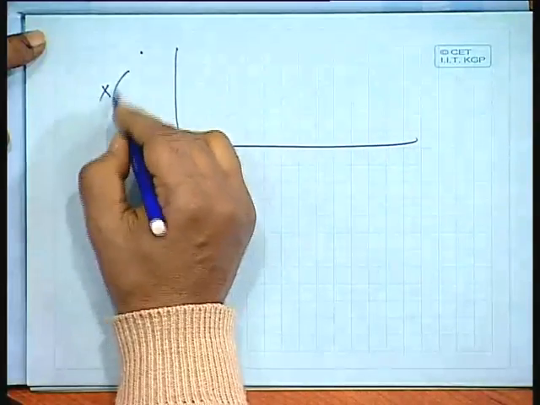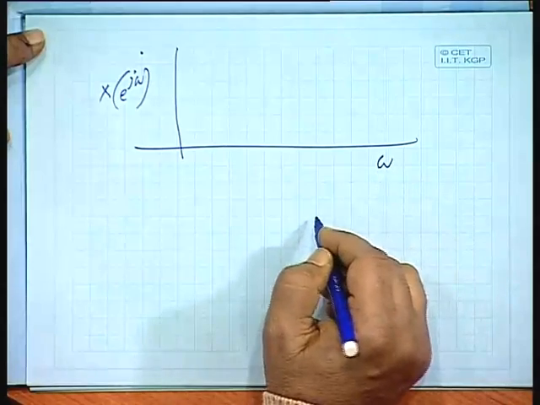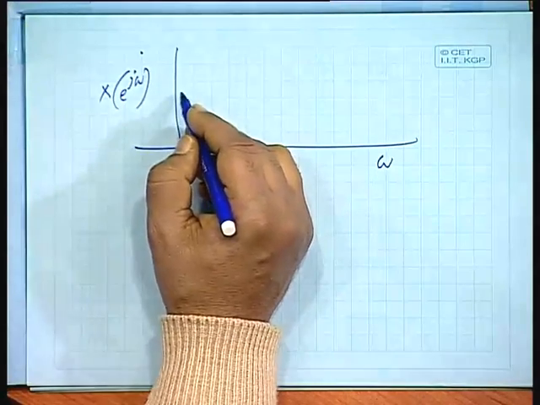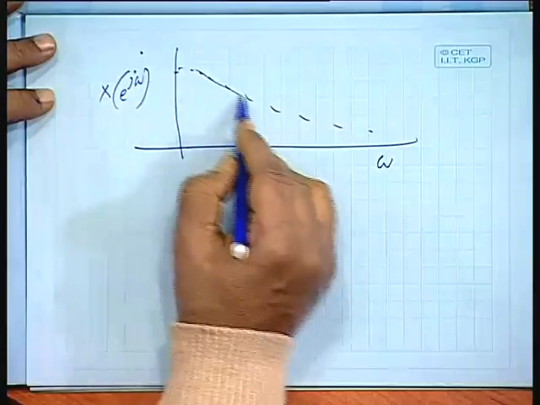No? Say if I ask you to sketch capital X versus omega like this, what you do? You compute for omega equal to 0.001 radian, 0.002 radian and so on, large number of points you compute and then you sketch it, is it not?